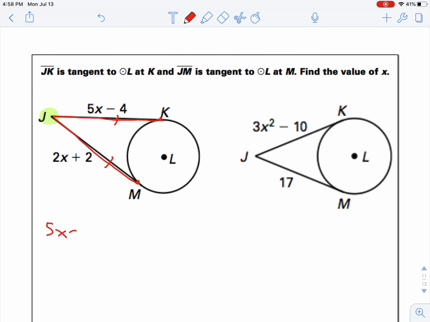So then you know that these two are congruent. So then you can just set up 5x minus 4 equal to 2x plus 2. And then when we move things around, we get 3x equals 6 and x equals 2. So all we're asked to do is find the value of x.